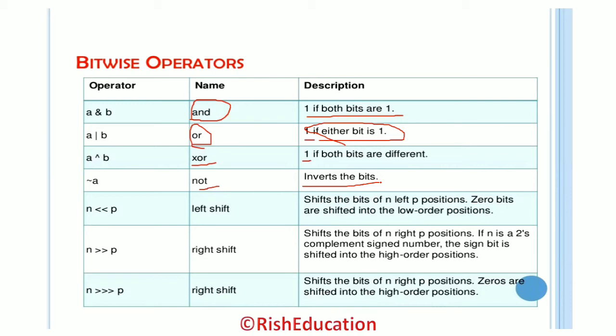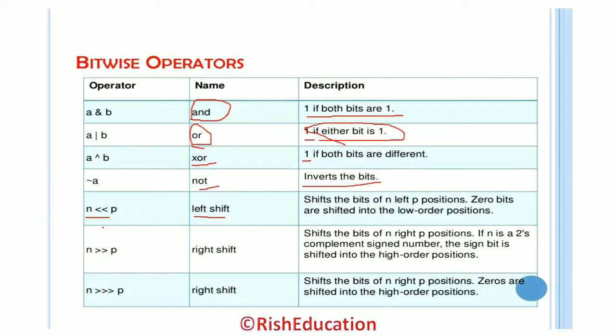Now let us come to the shift operators. This is called the left shift operator. Left shift means it will shift the bits of n left by p positions. For example, a left shift with 2 means the bits of a will be shifted left twice.